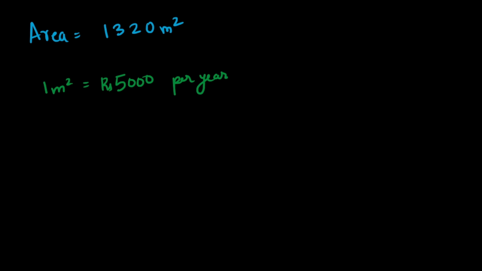So first of all, one thing you need to understand, that for finding the rent there is a formula which is easier to remember, that is rent is equal to area into rate. You know the area, now you have to find the rate, right? You cannot directly multiply 5000 over here. Once again I'm telling you, because it is given 5000 per year, they have asked for 3 months.